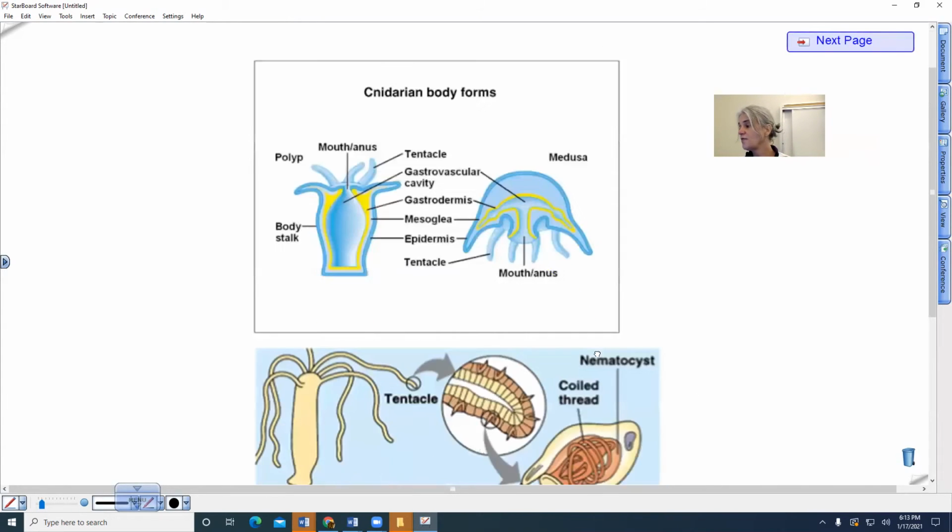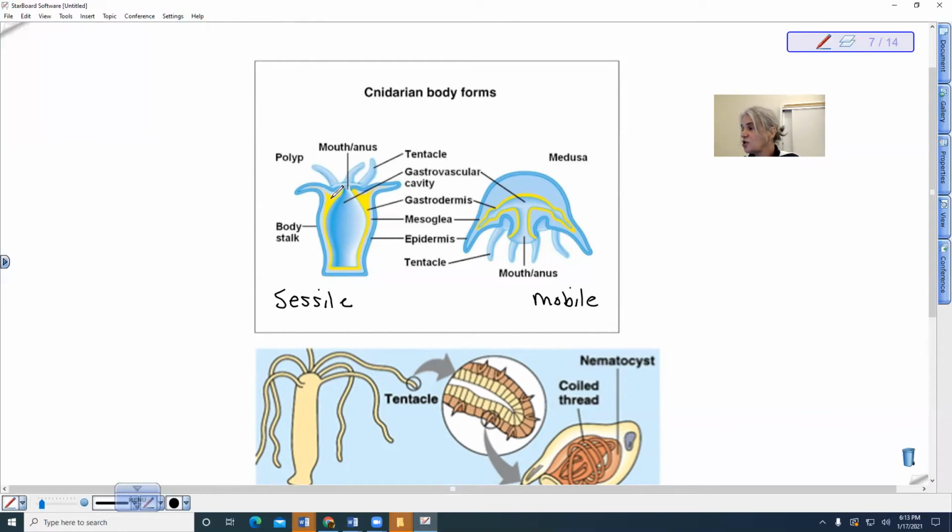These organisms have two different types of body forms. They have what is referred to as the polyp. The polyp tends to be sessile. They have a mobile medusa. So the medusa tends to be mobile. You'll notice here that they have drawn the ectoderm, which is now the specialized epidermis, as blue, and the endoderm, which is now the gastrodermis, as yellow.